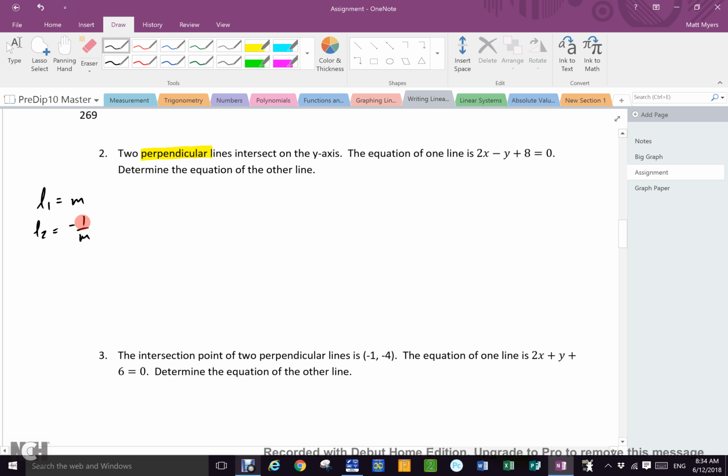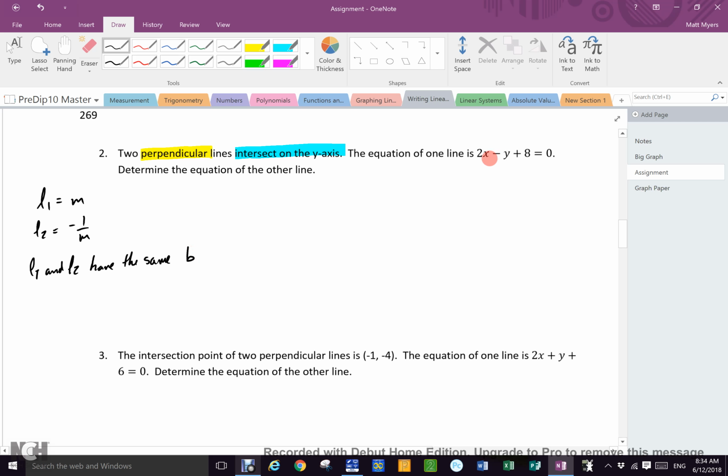What else is important? It says they intersect on the y-axis, but it doesn't tell you where, which means line 1 and line 2 have the same y-intercept. They have the same b, don't they? Yeah. Excellent.